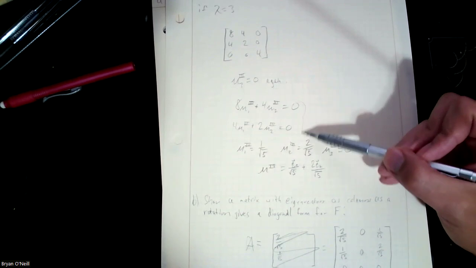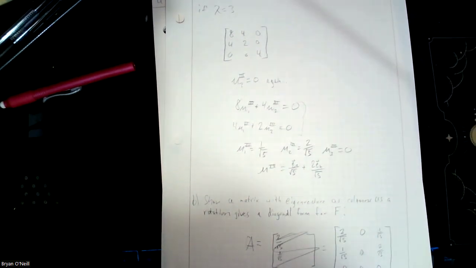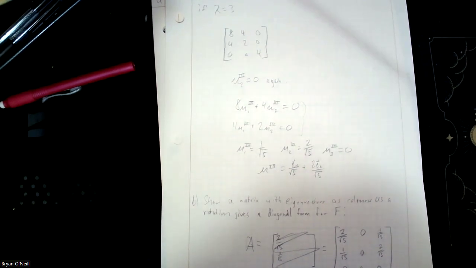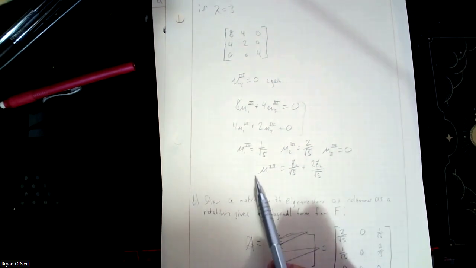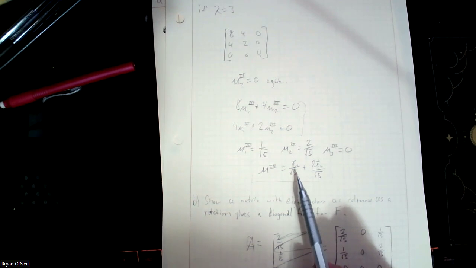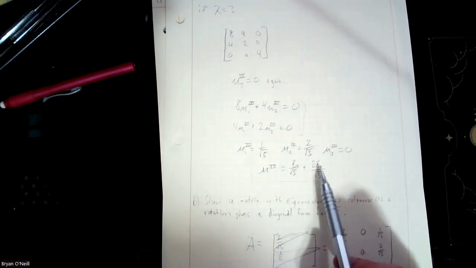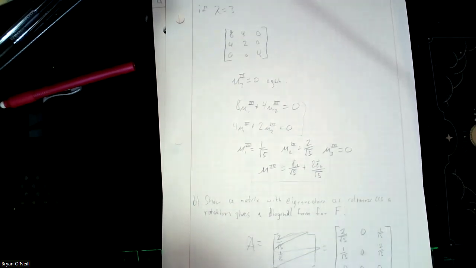Setting up these two equations, we can solve for mu1 and mu2, which turn out to be: mu1 is 1 over square root of 5, mu2 is 2 over square root of 5, giving us our third eigenvector, which is e1 over square root of 5 plus 2 e2 over square root of 5. And that's its unit direction.